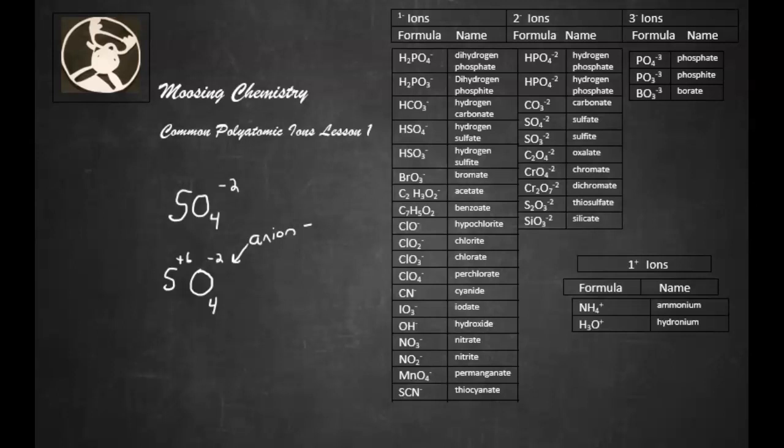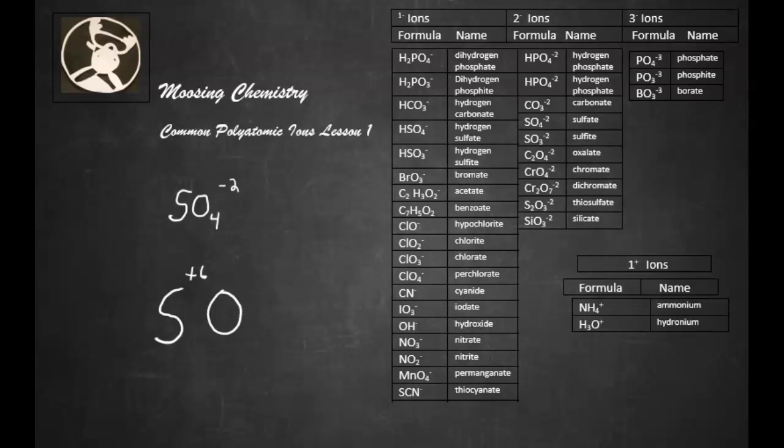So let's go ahead and erase that real quickly here, and let's take care of that. All right, so let's make this a little bit bigger. So we know that sulfur is a +6 charge. So there's our +6. And we know that oxygen is a -2.